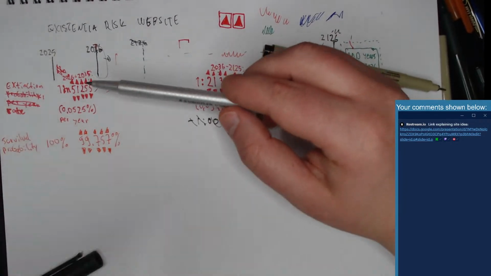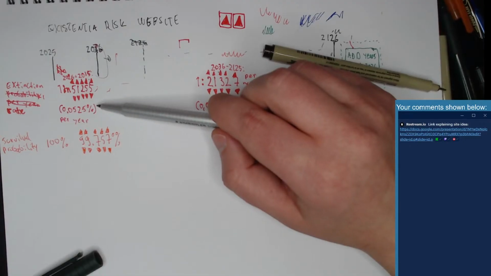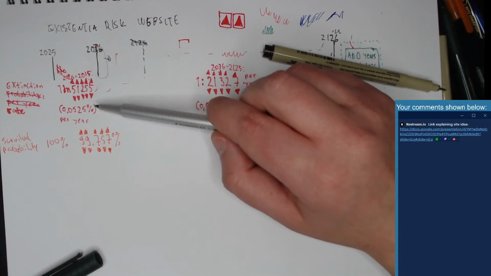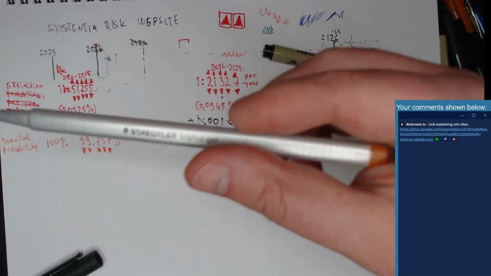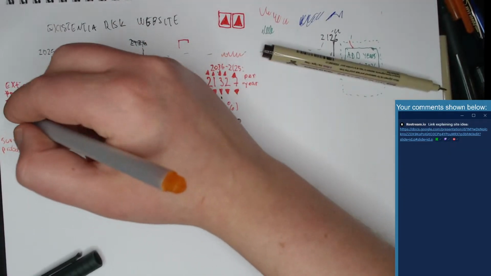On the other hand, if I leave this probability here in parentheses, then I could still use that.